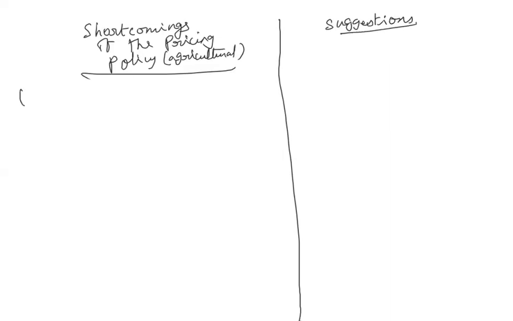So the first shortcoming is the minimum support price is lesser than the market price. In that way, the farmers are deprived of better remunerative prices.